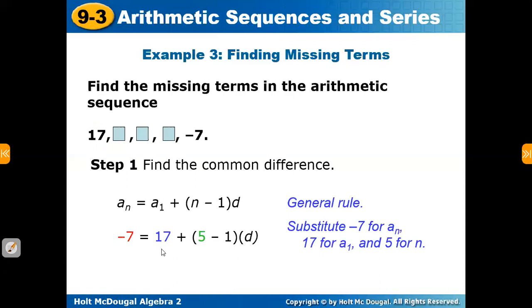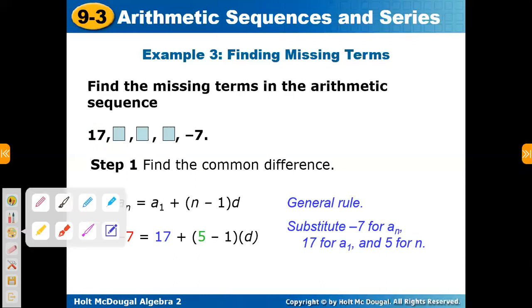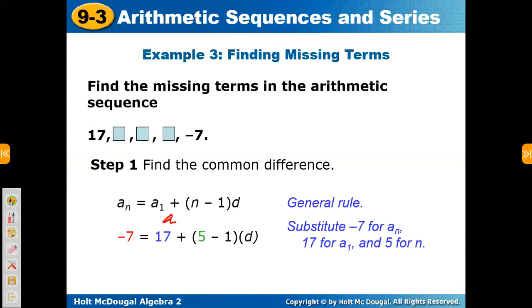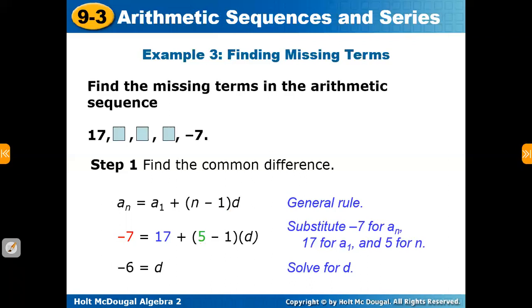So here is minus 7, then a1 plus n, the fifth term, so 5 minus 1 multiplied with d. I need to find this d. If I solve this, what do I get? I get d is minus 6.